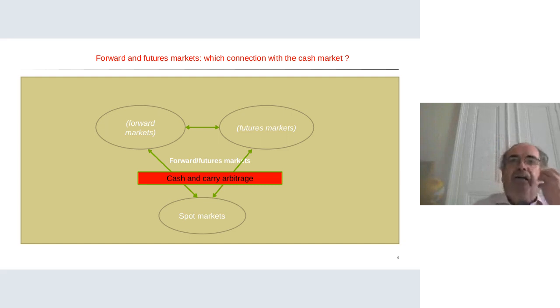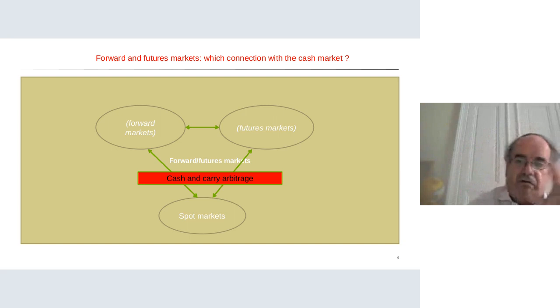Or you can buy futures on the Chicago Mercantile Exchange or on a European market, which is Eurex. You can buy and sell futures. We trade butter futures, okay? And normally the forward price is very close to the futures price, and very close to spot plus interest rate plus cost of storing.